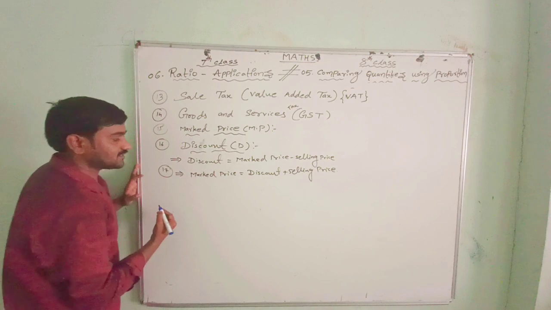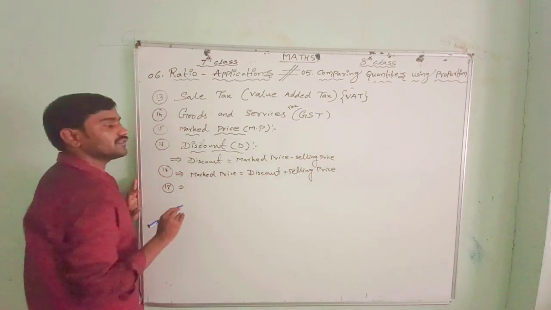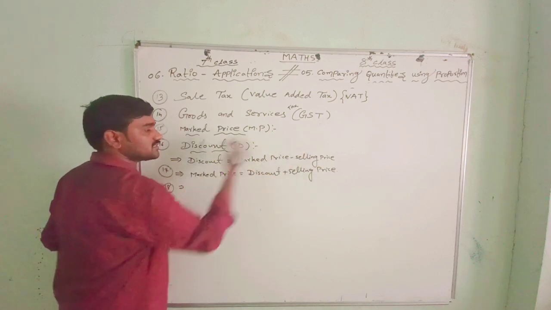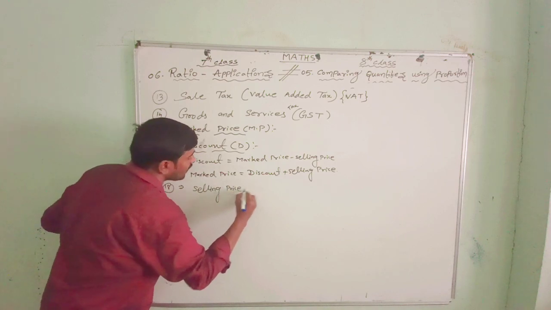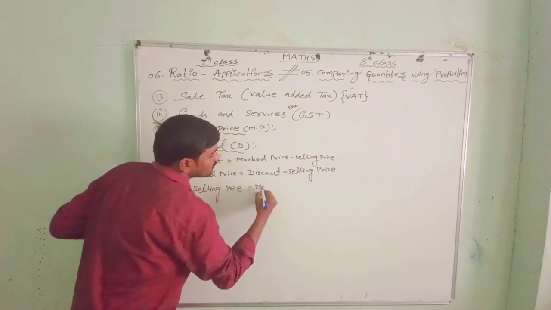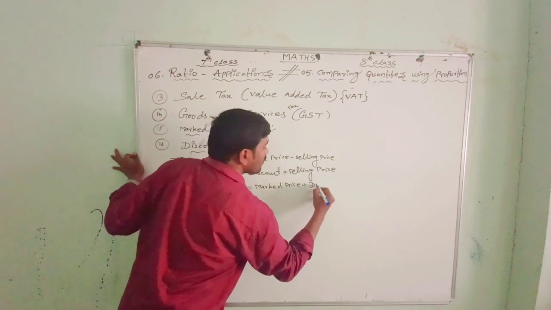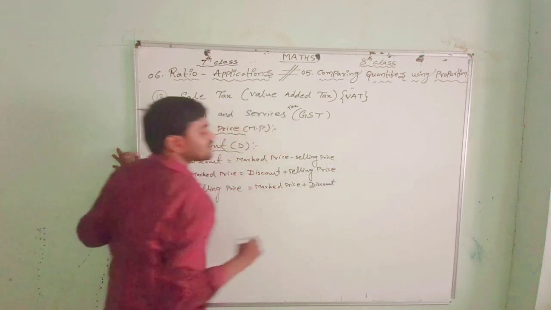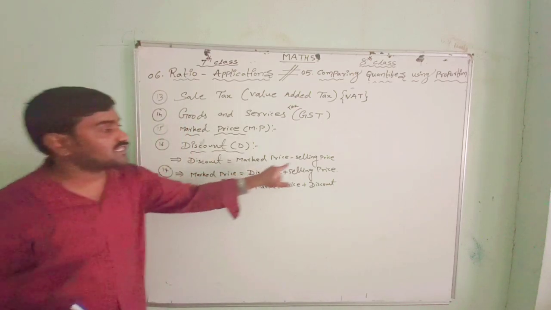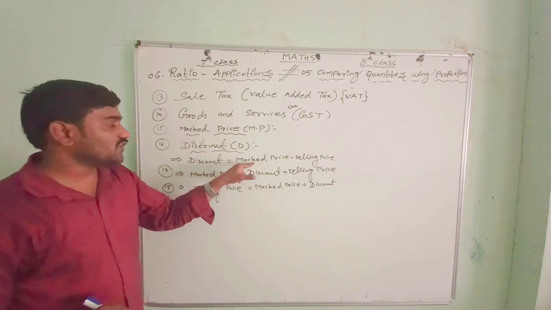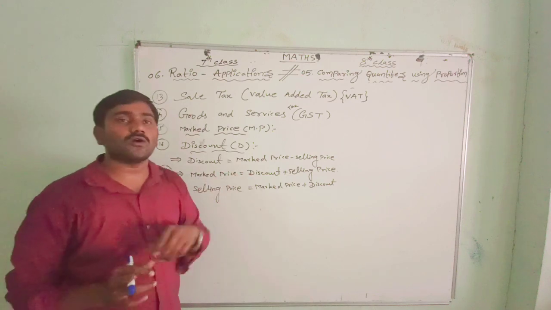Now if you need the selling price, then you transfer the discount and bring the selling price to this side: selling price equals market price minus discount. These are the three formulas derived from a single formula. If you know this formula, you can write these two formulas also. Remember, this will help us to do the problems.